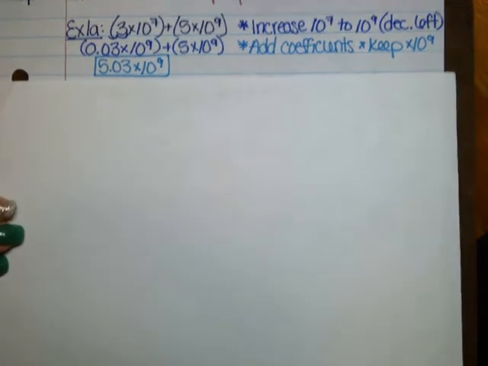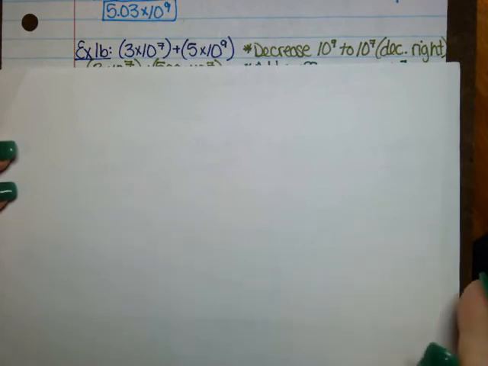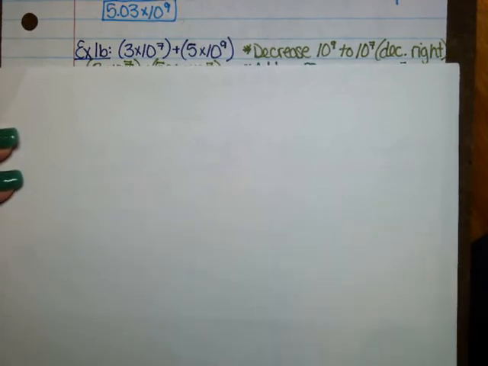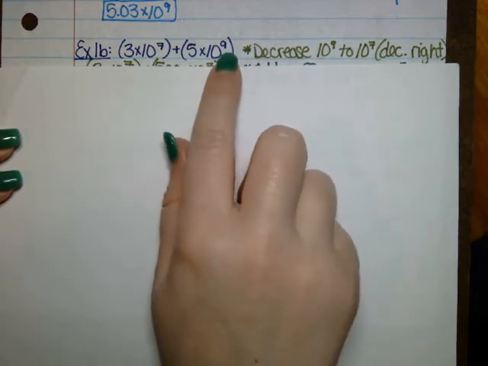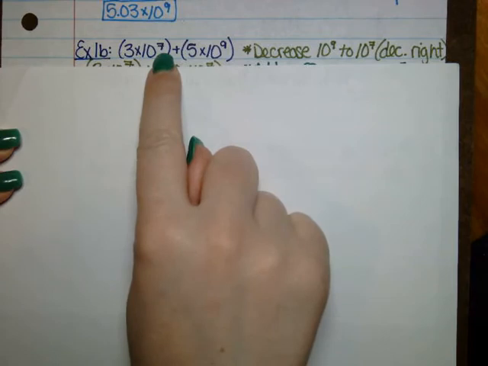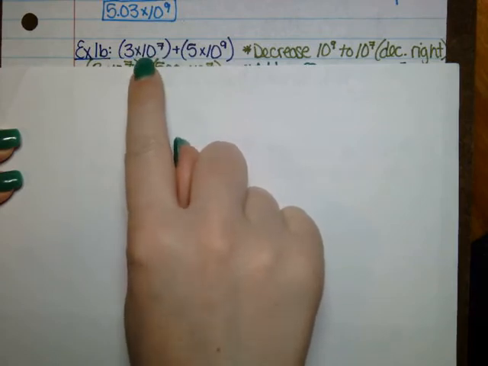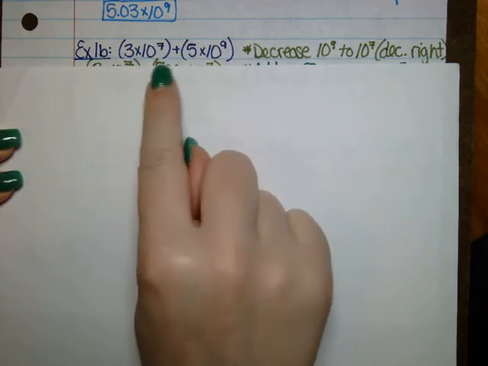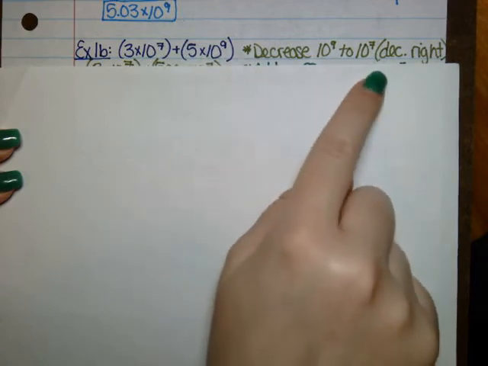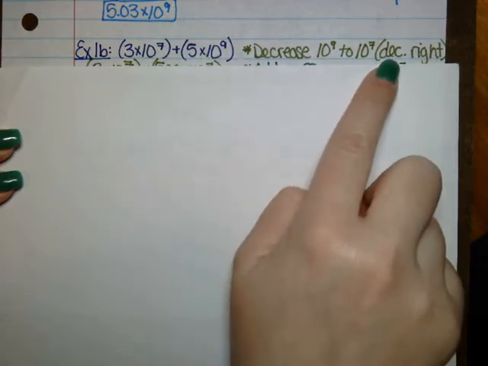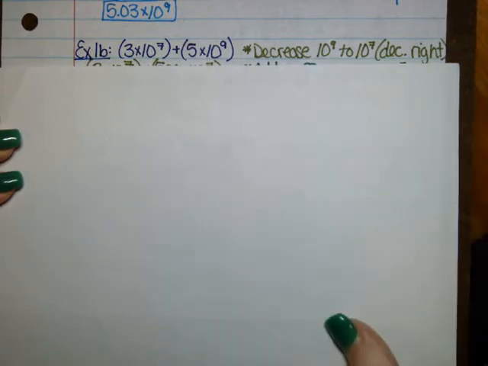Like I had said before, if we use that same example, 3 times 10 to the 7th plus 5 times 10 to the 9th, only now I'm going to drop this exponent of 9 down to a 7. So the first parenthesis I'm not going to touch for right now, but when I change the second parenthesis, if I'm decreasing my exponent, my decimal has to move to the right.